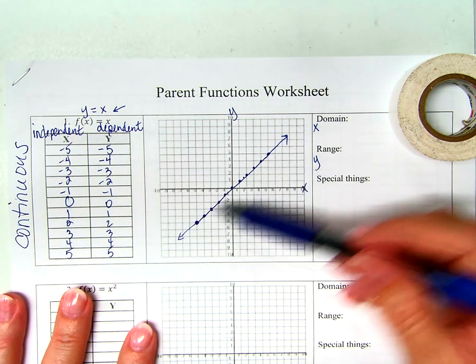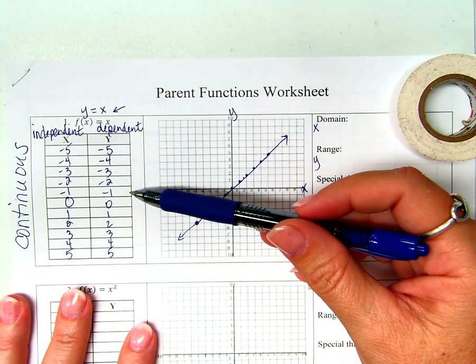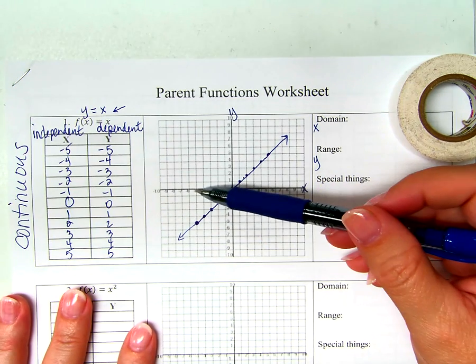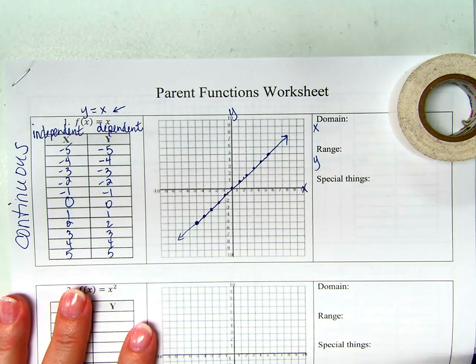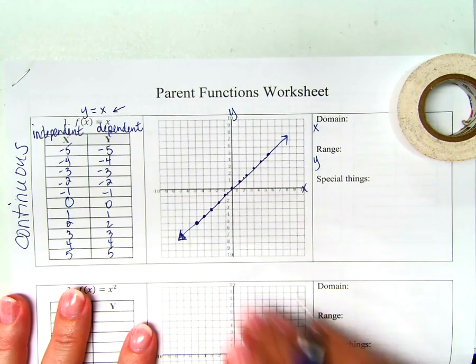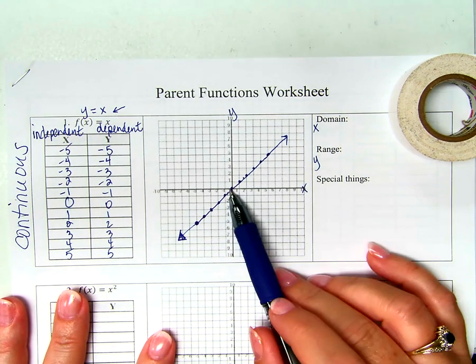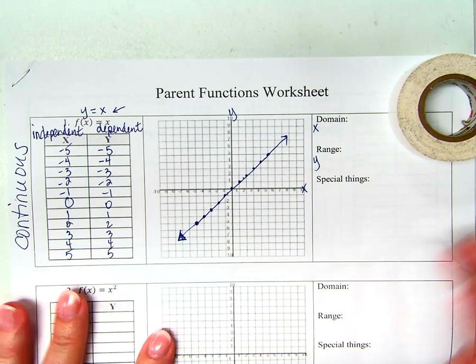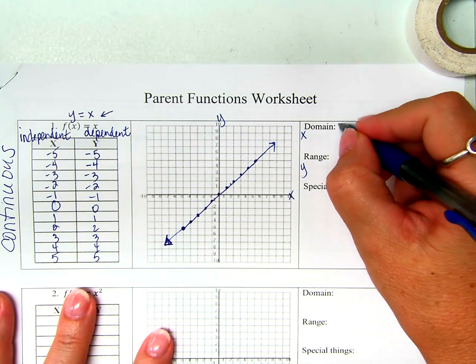So if I have a graph like this, I can say, how far to the left is my graph going? Now, some people say -5, and some people say -10. But how far is my graph really going? Didn't I just draw this right here? How far to the left does it go? All the way. How far to the right does it go? All the way. How do I write that as far as the domain goes? All real numbers.